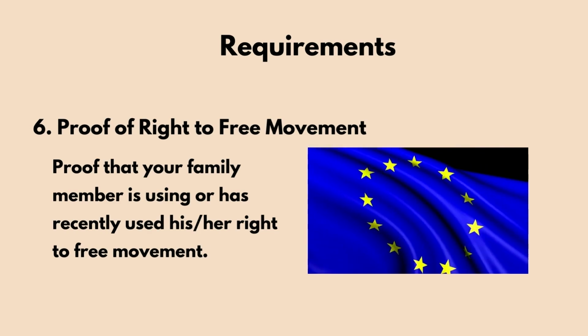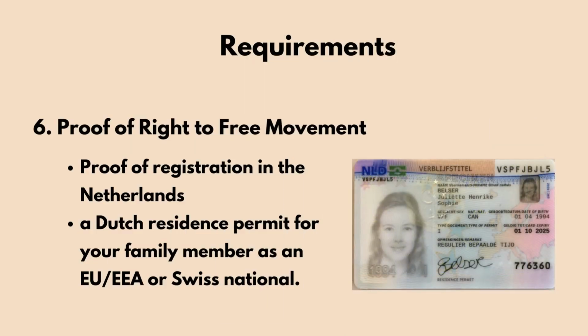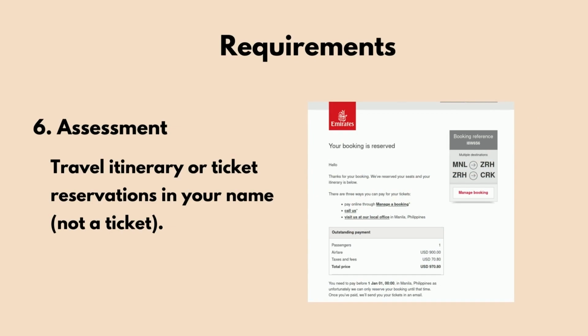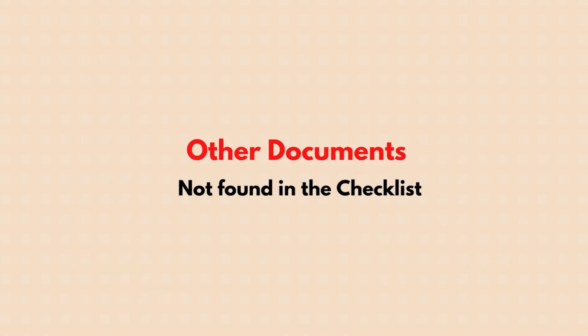So you would need proof of registration in the Netherlands or a Dutch residence permit. For the assessment, you would need a travel itinerary or a ticket reservation in your name. If you will be traveling with your family member who is an EU, EEA, or Swiss national, then his or her travel itinerary. Basically, those are the main requirements for the visa facilitation process.